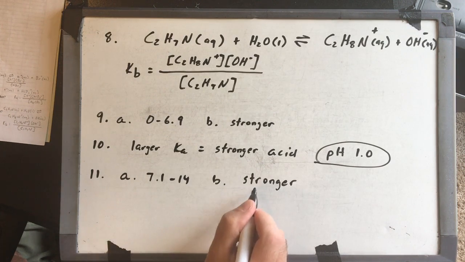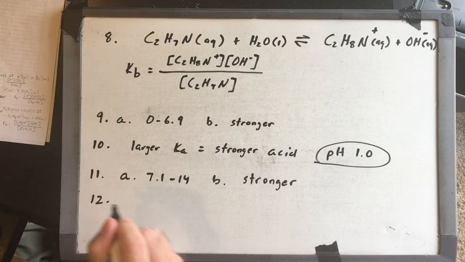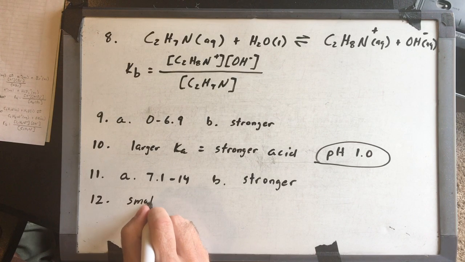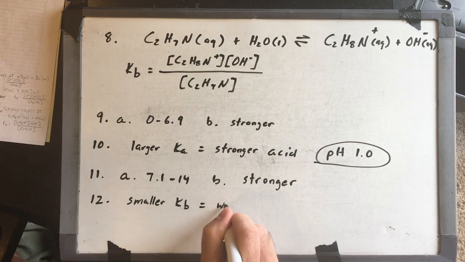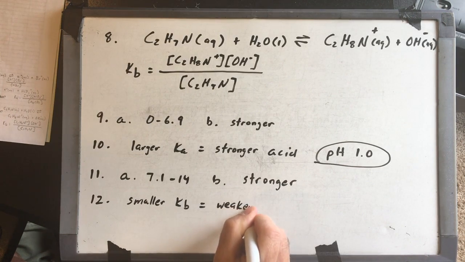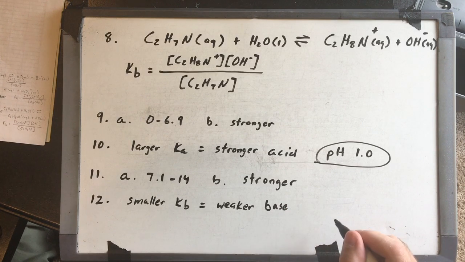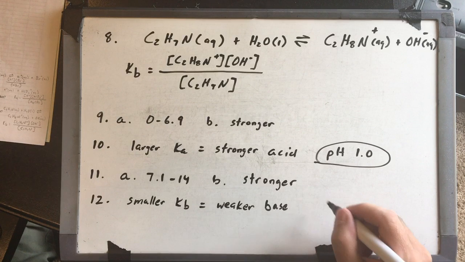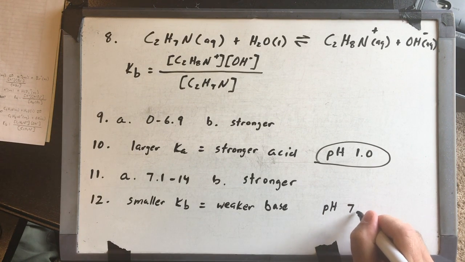All right, stronger base. All right, and then number 12, which has the smallest K sub B? So a smaller K sub B means a weaker base. Okay, so a weaker base means a smaller pH, so that's a pH of 7.5.